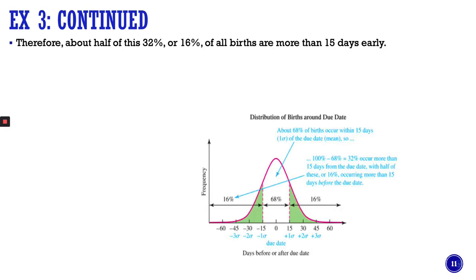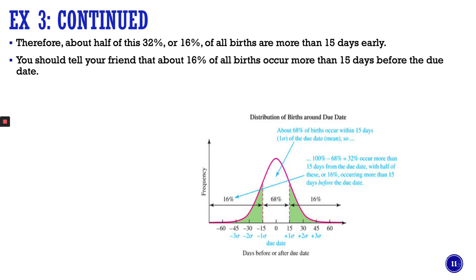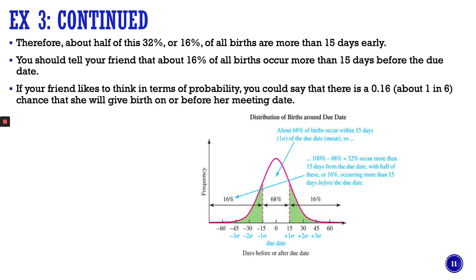Therefore, about half of this 32%, or 16% of all births, are more than 15 days early. You should tell your friend that about 16% of all births occur more than 15 days before the due date. If your friend likes to think in terms of probability, you could say that there is a 0.16, or about 1 in 6, chance that she will give birth on or before her meeting date.